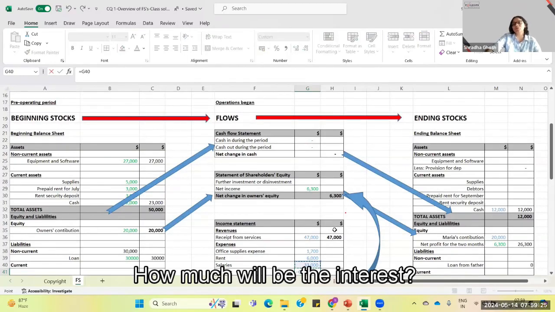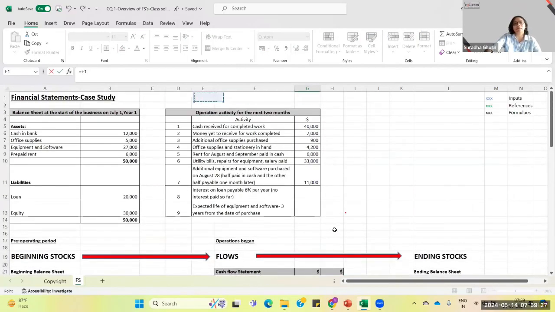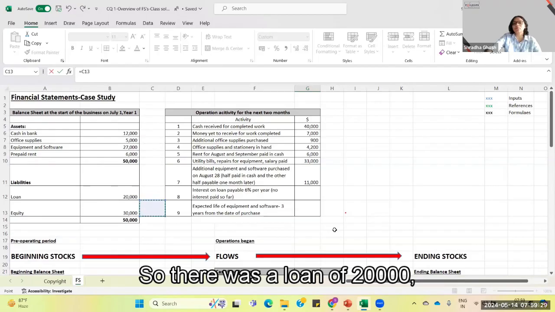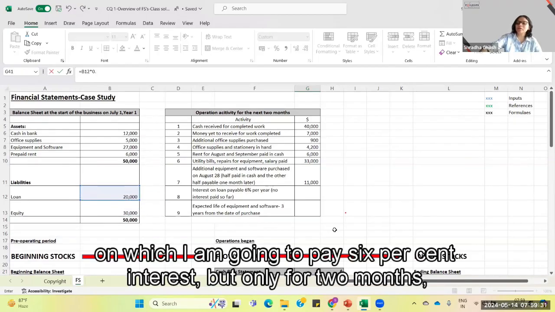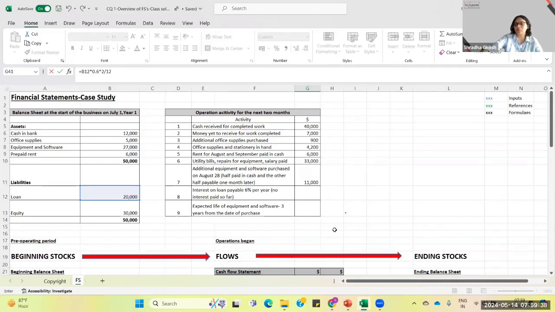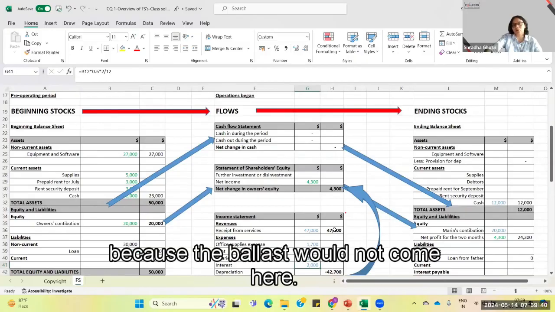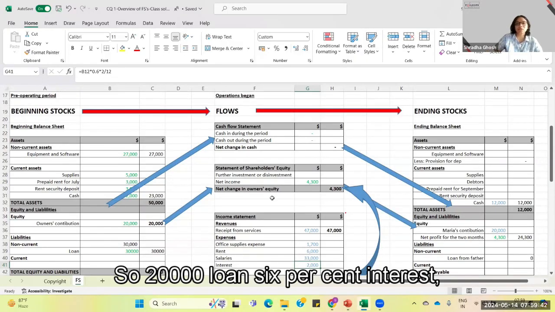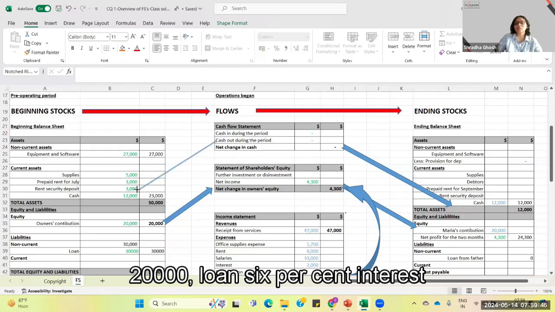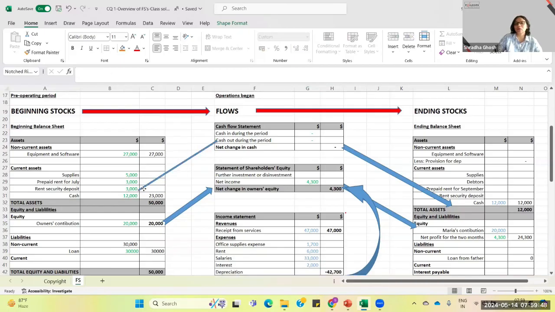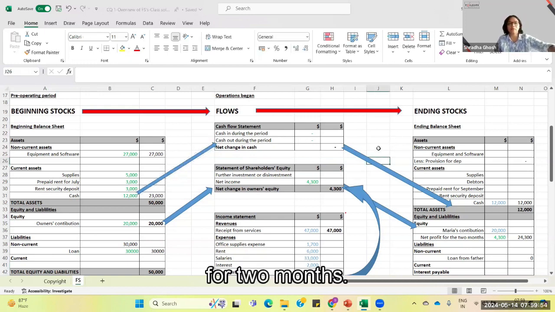Interest. How much will be the interest income, guys? Give me the answer. So there was a loan of 20,000 on which I'm going to pay 6% interest, but only for 2 months. Because the balance would not come here. So 20,000 loan, 6% interest, for 2 months.